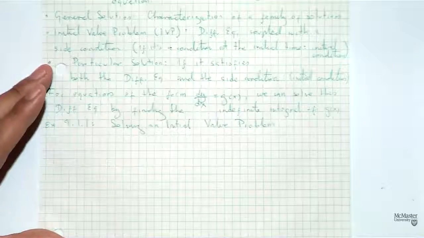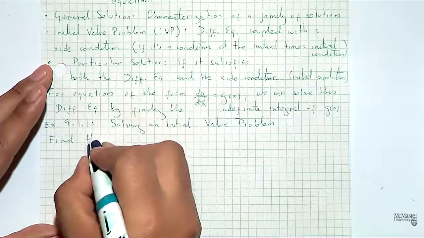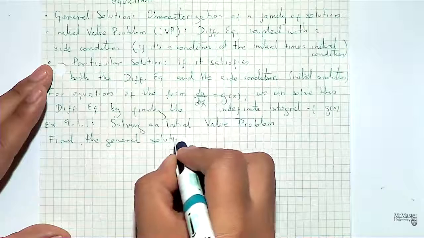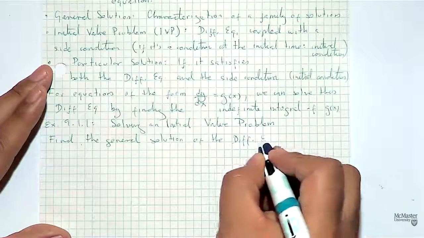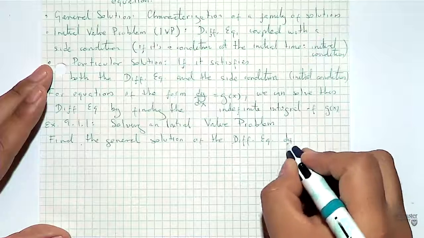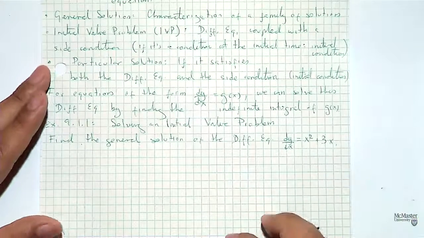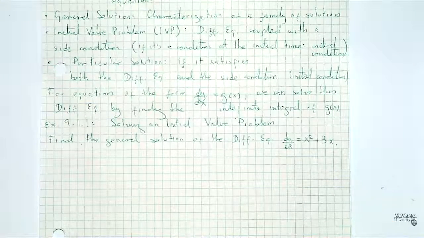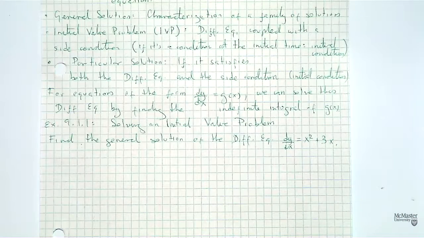And the statement is to find the general solution of the differential equation dy over dx equal to x squared plus 3x. So for this problem, because it's very simple, I mean DFQ is a fancy name for what we have to do. We just have to integrate. So we all have experience for this.